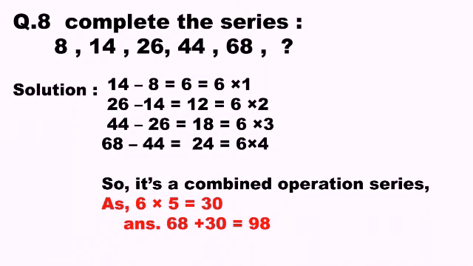See, the first gap is 6, then 12, then 18, then 24. Can you see this? It's the table of 6. So 6 into 1, 6 into 2, 6 into 3, 6 into 4. Then it will be 6 into 5, that equals 30. So we have to add it. Add 30 to 68, we will get 98. This is the answer. So it's a combined operation series.